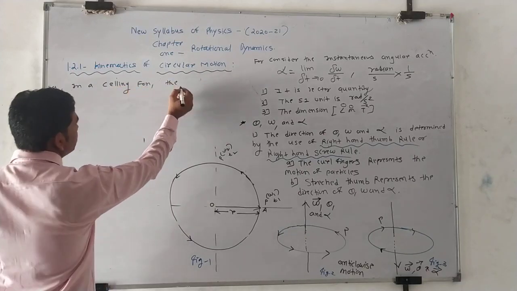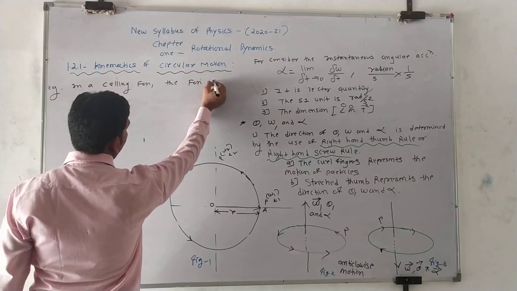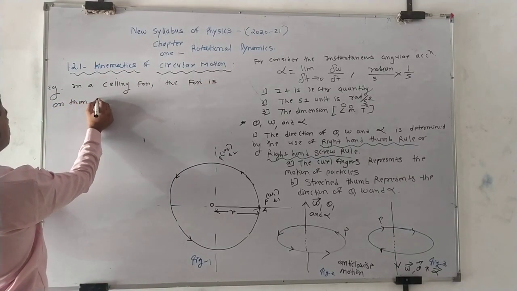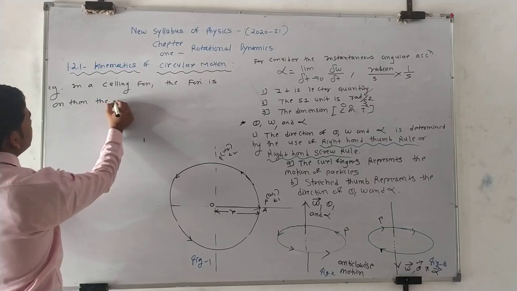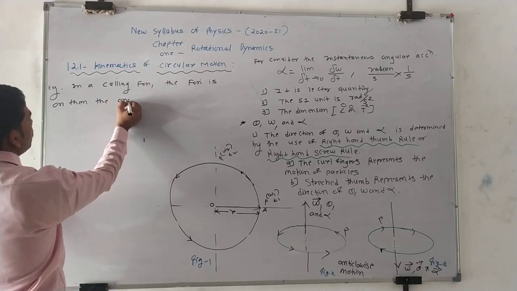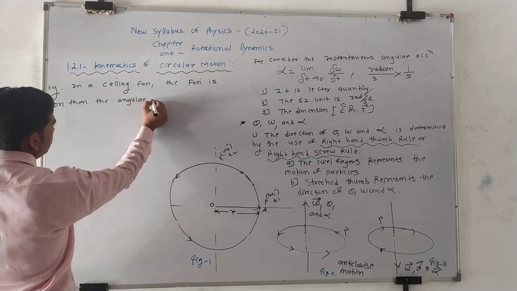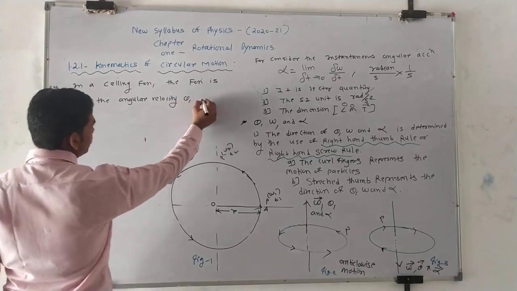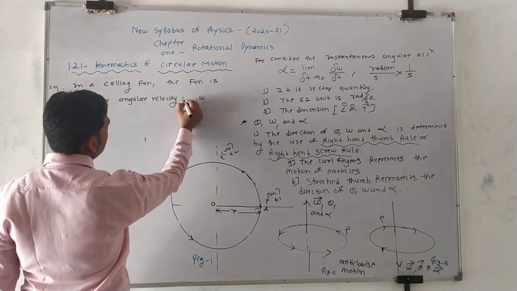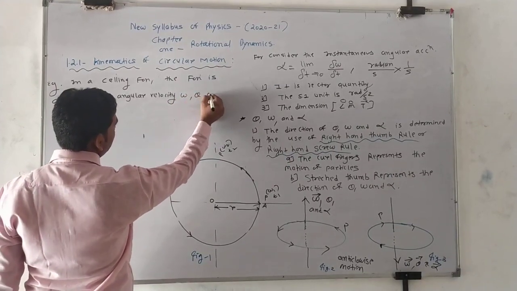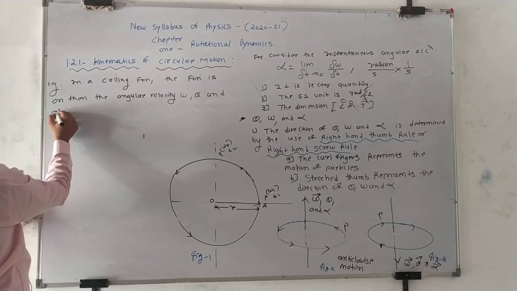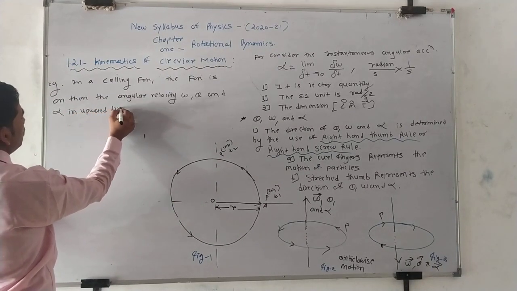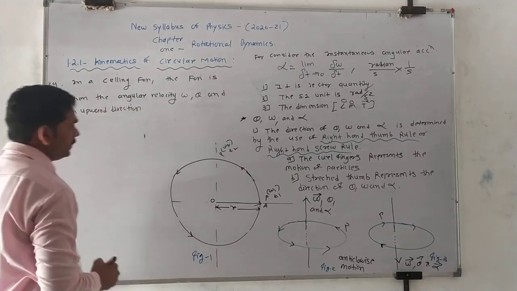When the fan is on, the angular velocity, meaning theta, omega and alpha, are in the upward direction, right?